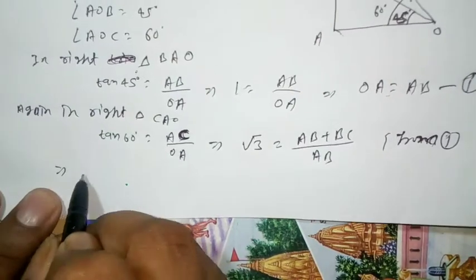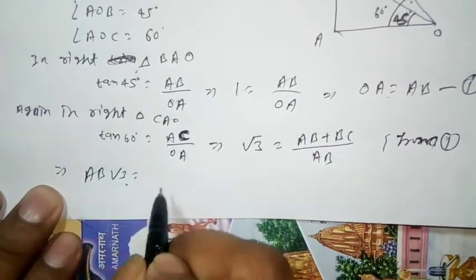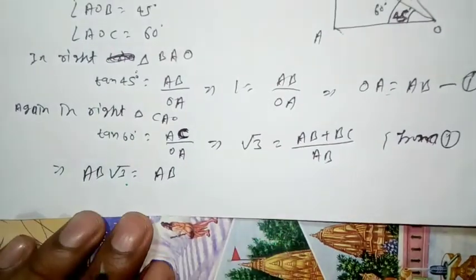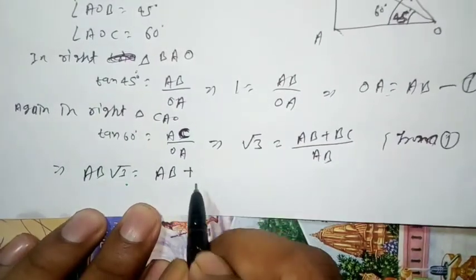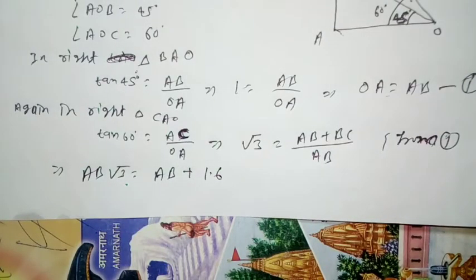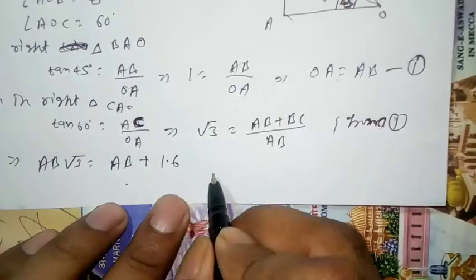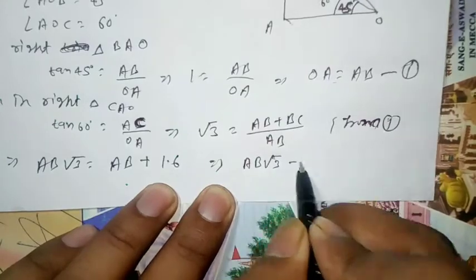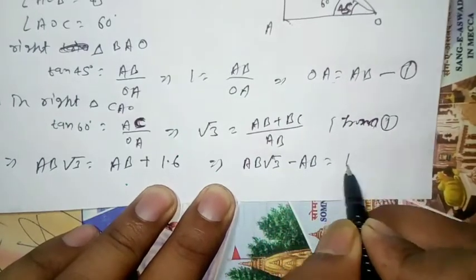Implies AB root 3 is equal to AB plus 1.6. Implies AB root 3 minus AB is equal to 1.6.